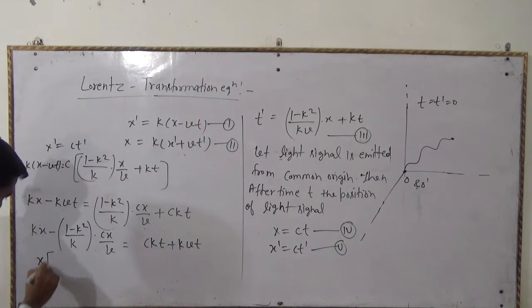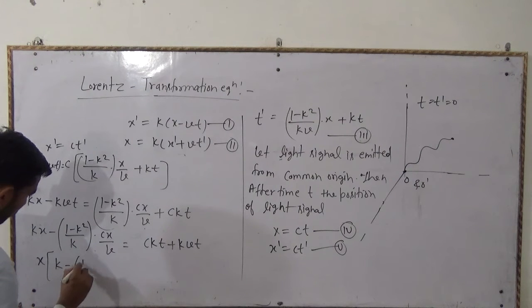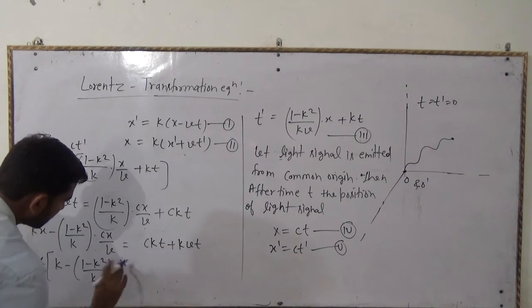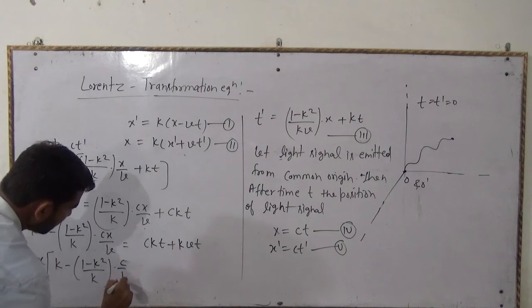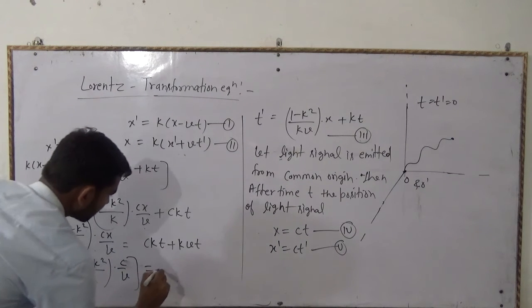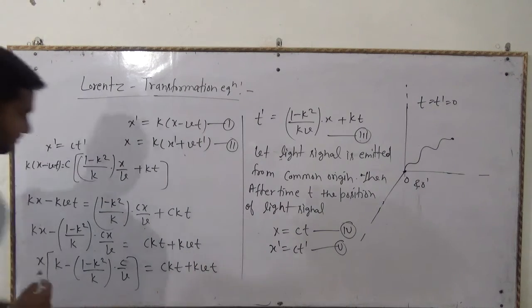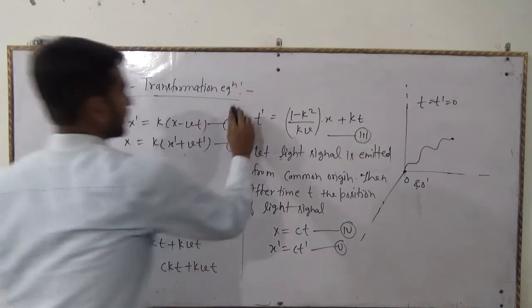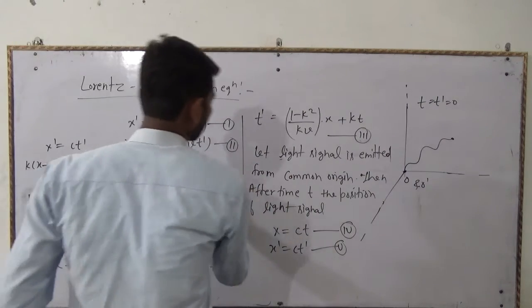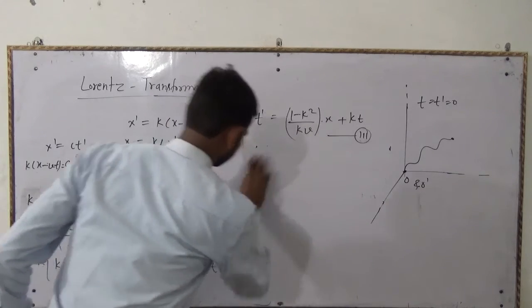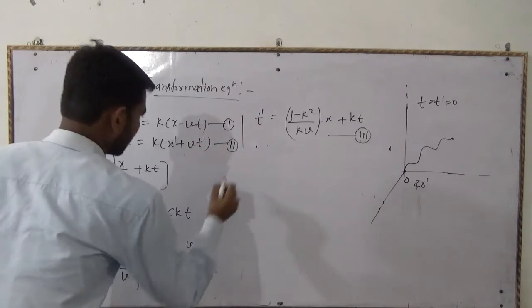If we keep x as common, then k minus 1 minus k square by k into c by v is equal to ckt plus kvt. We want to find out the value of k. How can we find out the value of k?